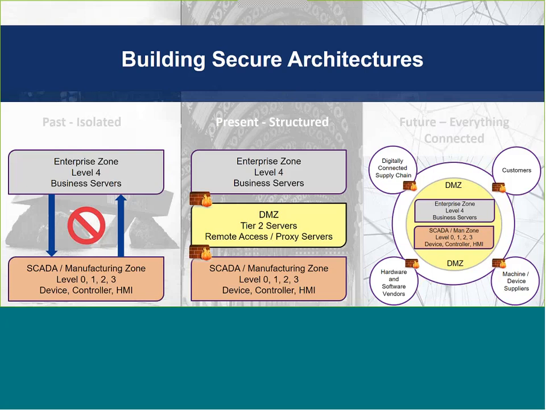If we start with the past, this is what we call an air gap system. The SCADA and manufacturing zone are completely segregated from anything else. That's fine. The physical boundaries or physical constraints of having these air gap systems still suit many people today.